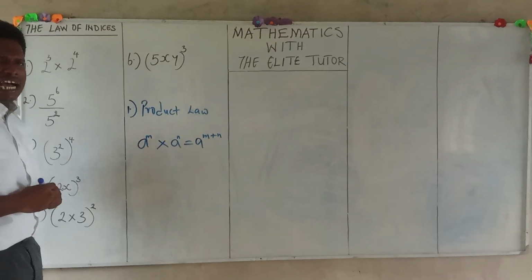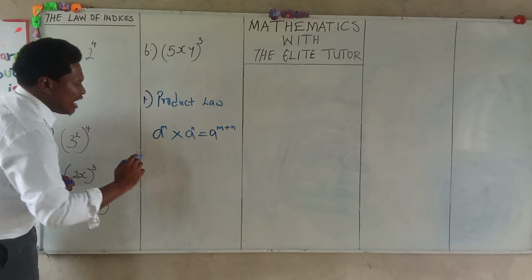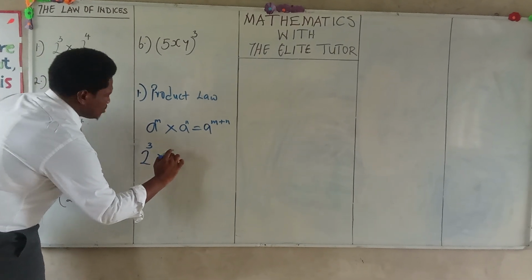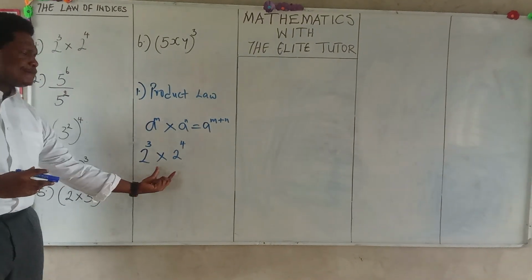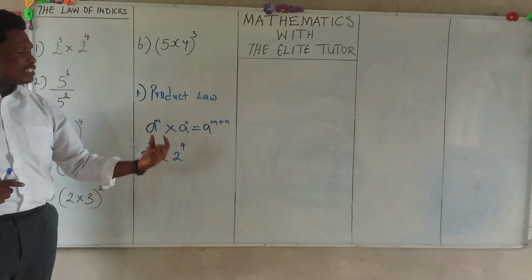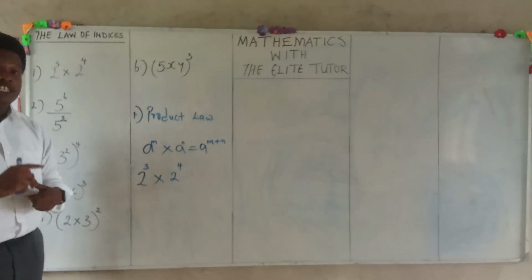Now let's look at an example. Let's look at example 1. We have 2 raised to power 3 times 2 raised to power 4. Now in this expression, we can apply the product law or the law of multiplication. Why? There are 2 things you have to take into consideration.